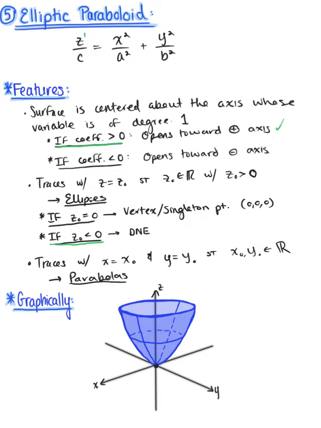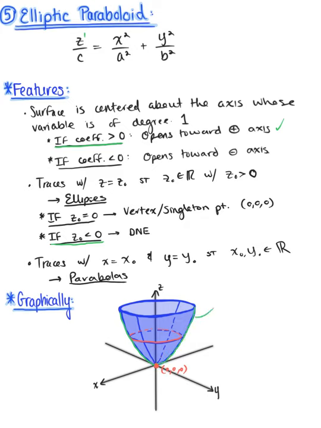So let's go ahead here and think about these traces on our graph. So we can see we have this singleton point or this vertex at the origin. And then if we let z be a real number greater than 0, we see we have a trace of an ellipse. And then thinking about the coordinate traces in the xz plane and the yz plane, we can say here is the yz trace.